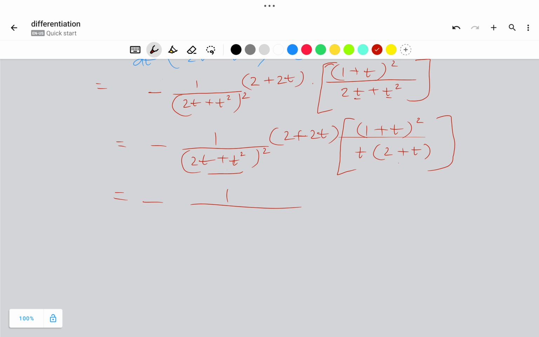Minus 1 upon, suppose here we are pulling t square common, so it would be 2 plus t, the whole square, and the numerator 2 plus 2t into 1 plus t the whole square upon t upon 2 plus t.